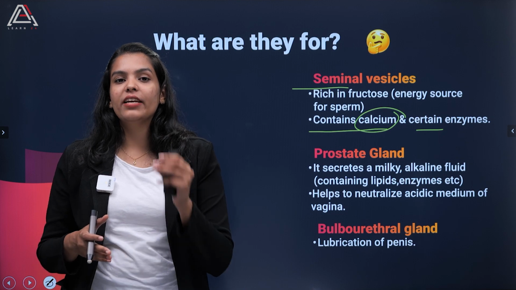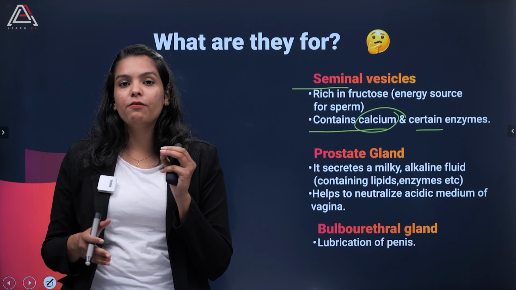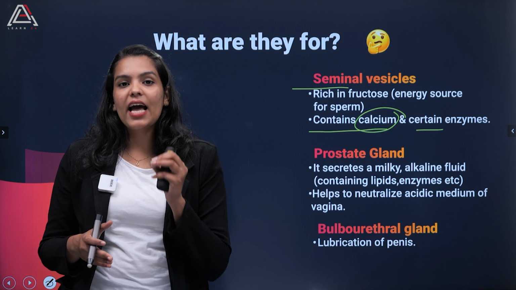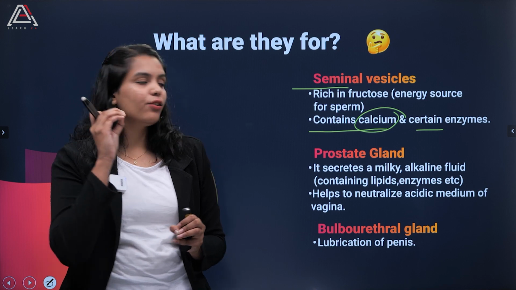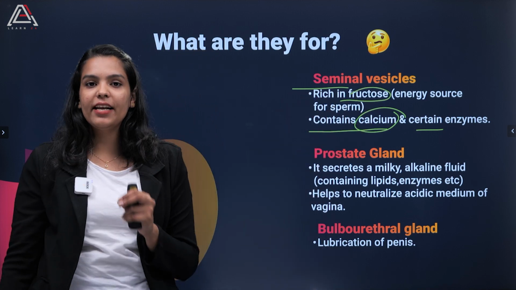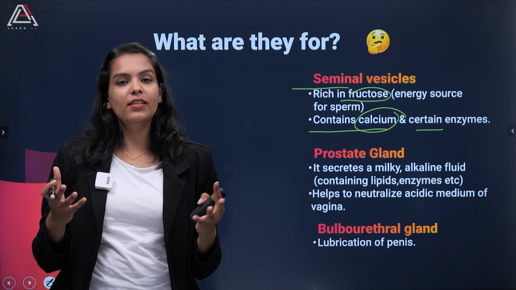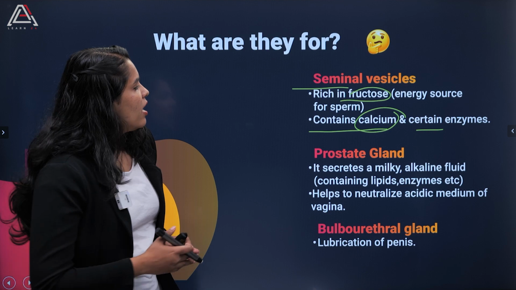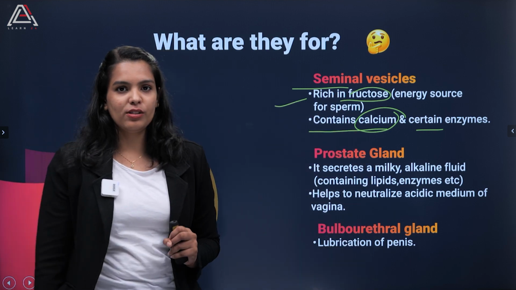If fructose is found in the female's genital tract, then it can be a possible case of rape. In a lot of cases we have seen this also. So this was the interesting fact about fructose.